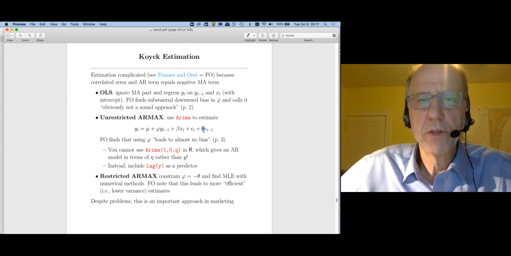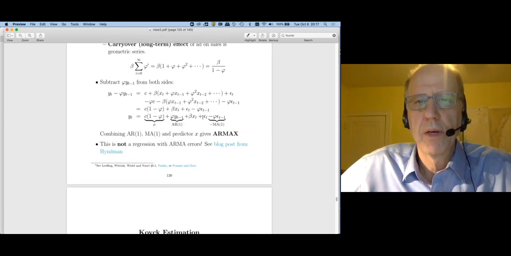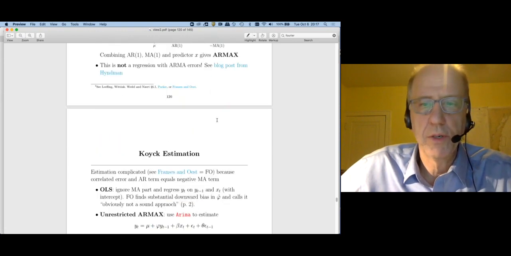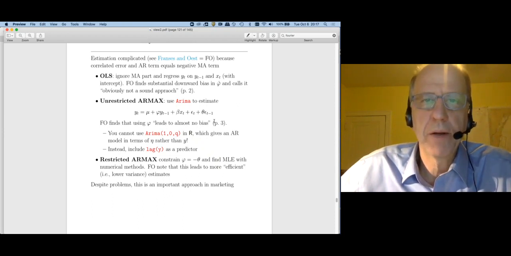We're not going to introduce the constraint that theta is the opposite of phi. Remember back here when we did the algebra, the autoregressive coefficient phi equaled negative the moving average term. So we're just going to gloss over that and let the model estimate whatever it wants.